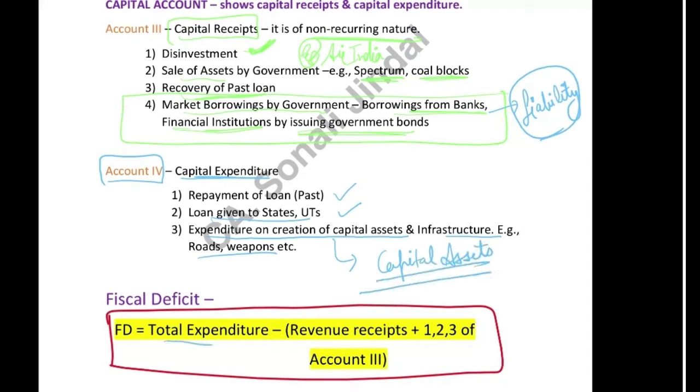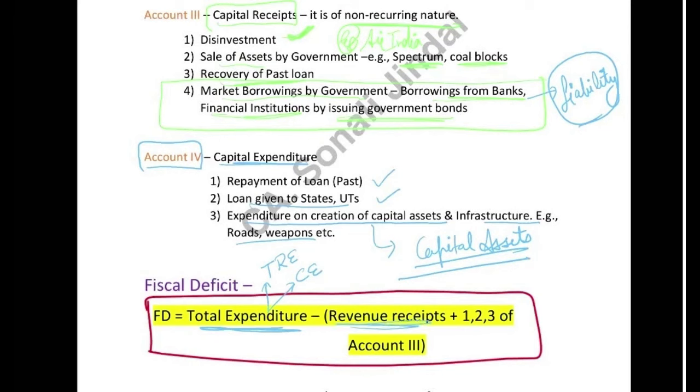Now, if we take total expenditure, that means total revenue expenditure and capital expenditure, and reduce revenue receipts from it, and items 1 to 3 of account 3, that is these three things: disinvestment, sale of assets and recovery of past loan, then we will be left with market borrowings by the government.